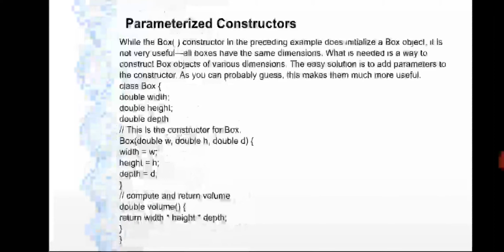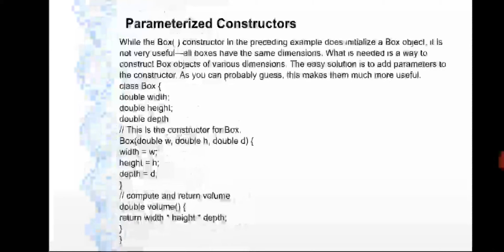But when you want different dimensions for each and every object, if the dimensions need to be changed, that time this parameterized constructor will come into the picture. The easy solution is to add parameters to the constructor, which is probably more useful. To make it more useful, you can go for a parameterized one.